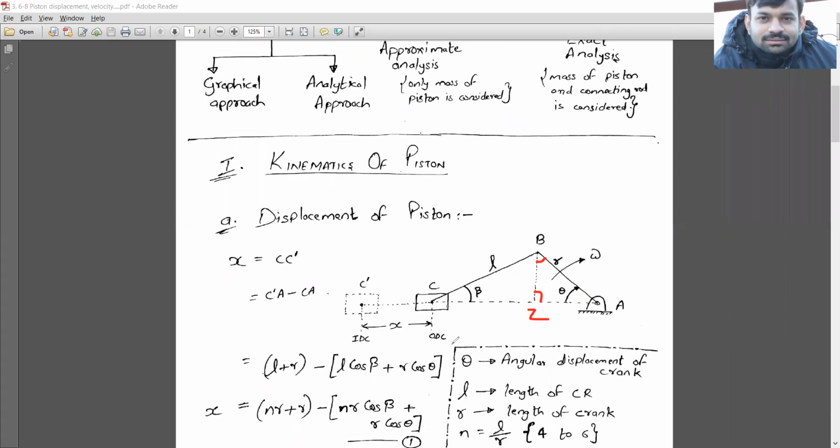From this triangle we get this distance N equals R cos theta. This is N and this is M.